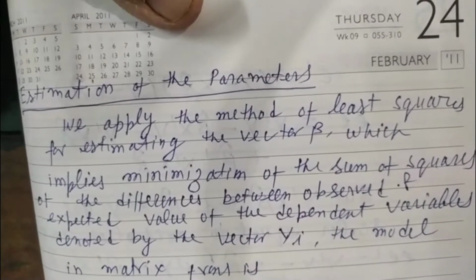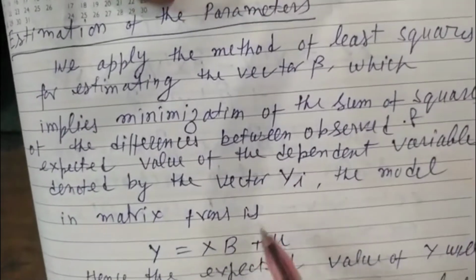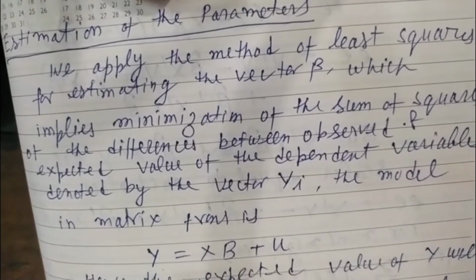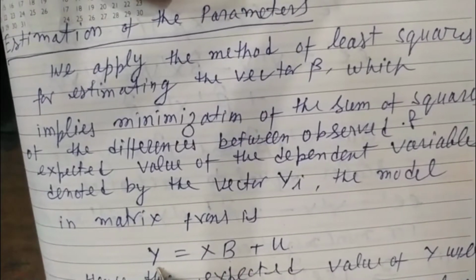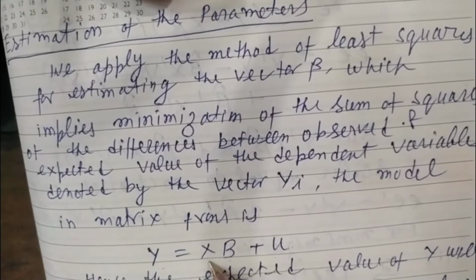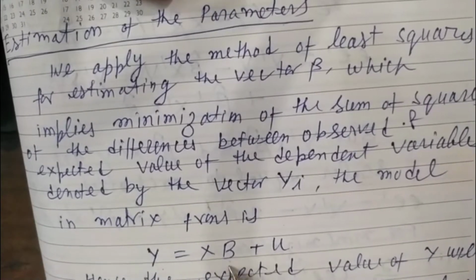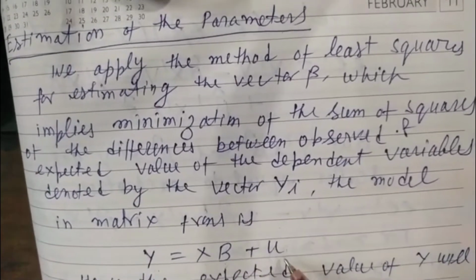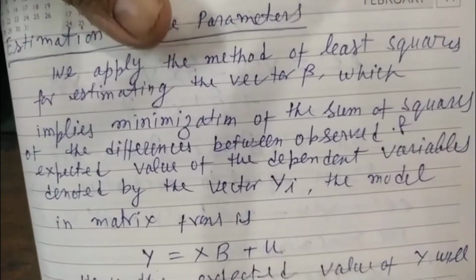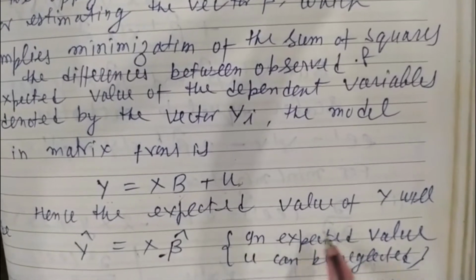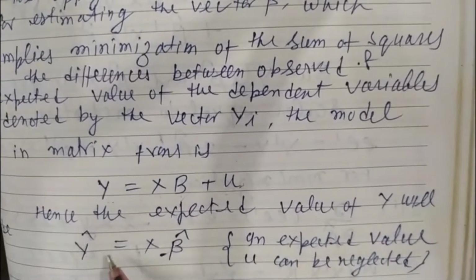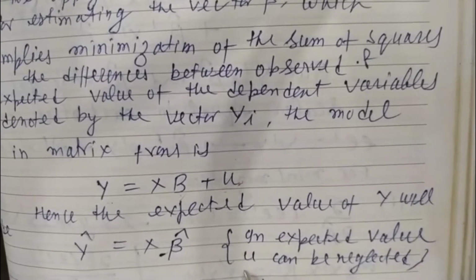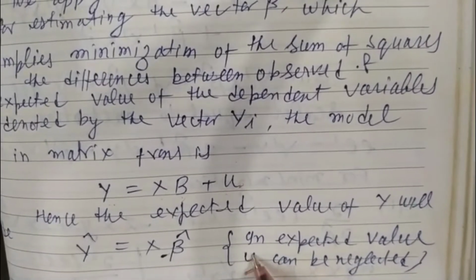The model in matrix form is y equal to x beta plus u, where y is an n by 1 matrix, x is an n by k matrix, beta is a k by 1 matrix, and u is an n by 1 matrix. Hence the expected value of y is x estimated beta. In the expected value, the error term can be ignored.